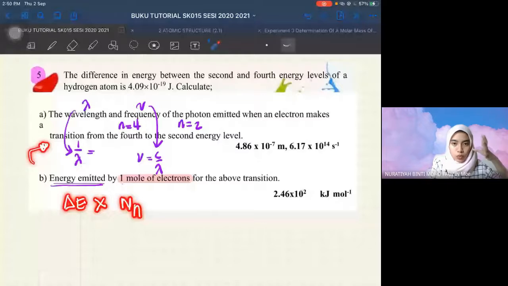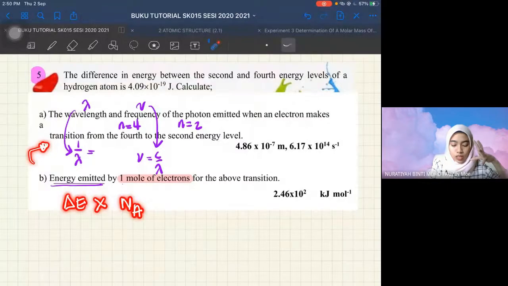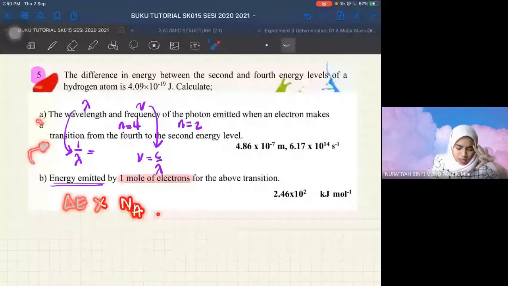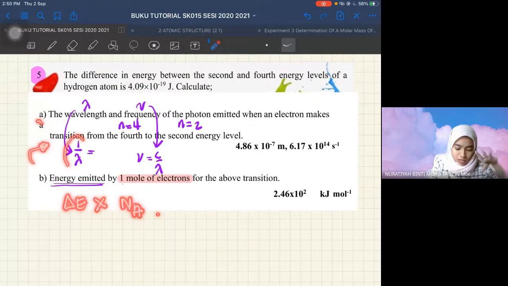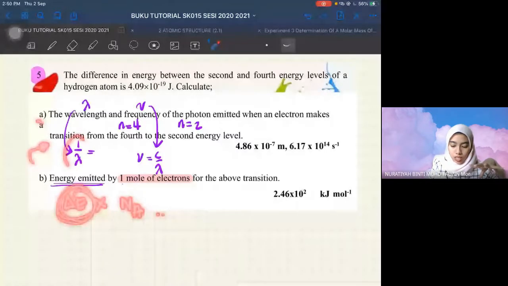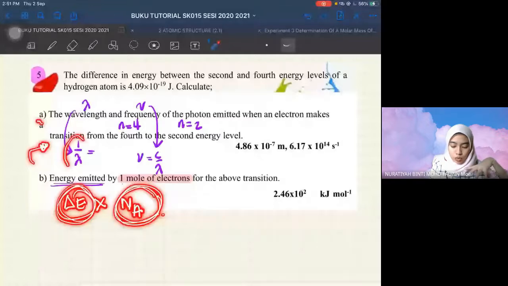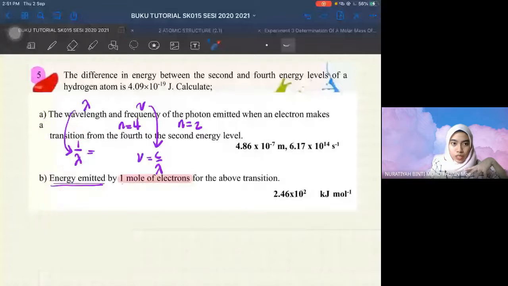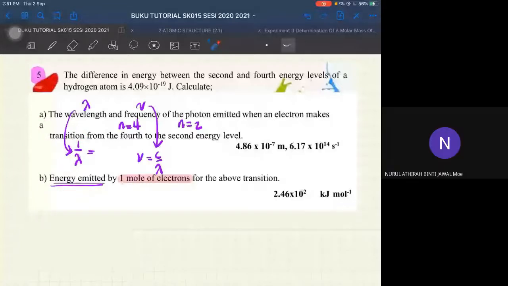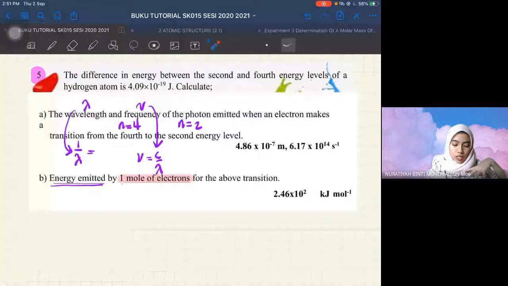Which is 6.02 times 10 to the power of 23 per mole. Okay. So awak just kali awak punya jawapan daripada sini yang delta, awak kena cari delta E. Okay, sorry. Awak kena cari delta E dulu. Okay. And then kali dengan Avogadro's constant. Okay. And then you will get this answer in kilojoule per mole. Okay. Kena ada per mole. Boleh? Boleh. Okay, good.